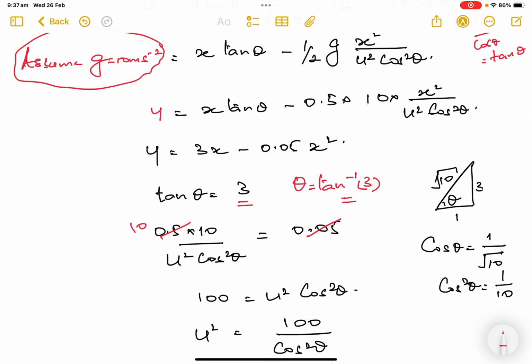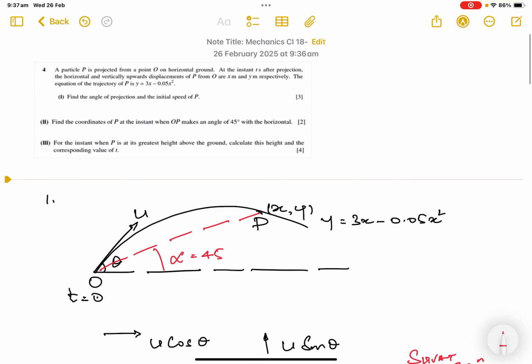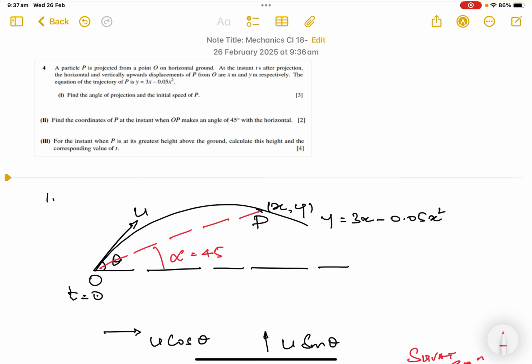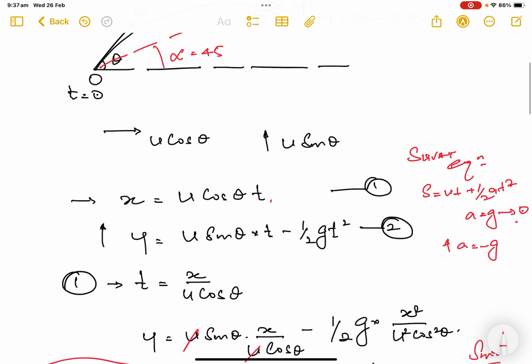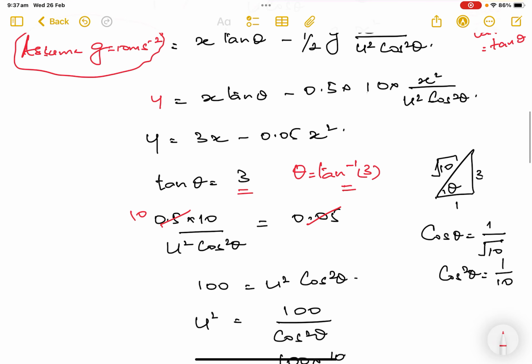But the equation of the trajectory, the Cartesian equation of the path, is given: 3x minus 0.05x squared. We have found y in terms of theta, the additional variable.